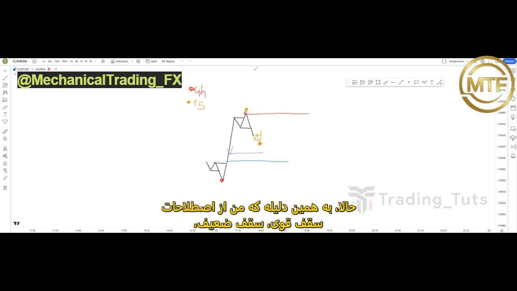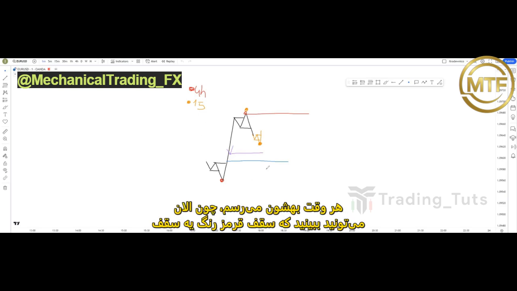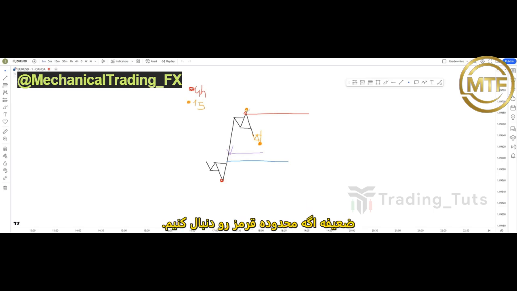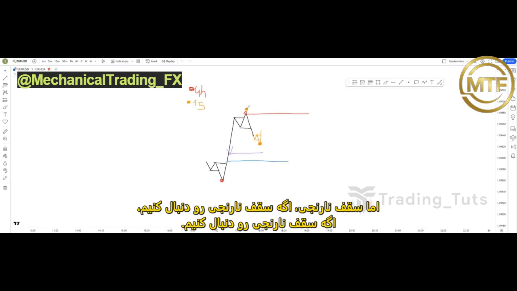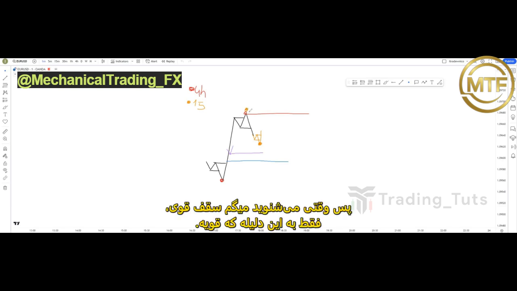Now that's why I don't use the terms strong high, strong low, and weak low. I call them just strong every time I come across them, because now you can see that the red high is a weak high following the red range, but the orange high following the orange range is a strong high. So when you hear me saying strong high, it's just because it's strong.